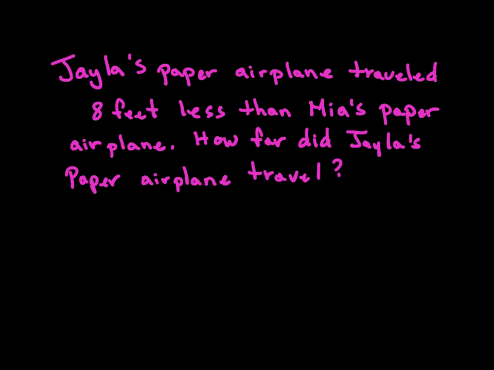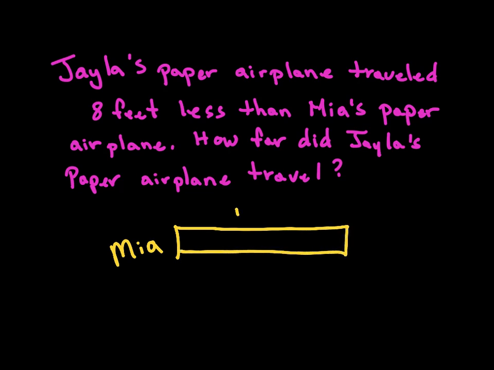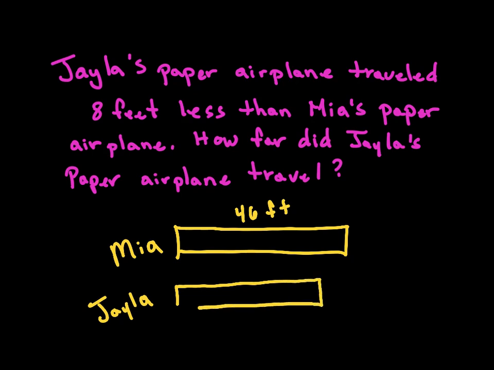Jayla's paper airplane traveled 8 feet less than Mia's paper airplane. How far did Jayla's paper airplane travel? So you remember, Mia's paper airplane went 46 feet. That's what we had calculated before. Now we got Jayla coming in, and hers is going to be less because it says 8 feet less. So we're going to make it a little bit right there, and this right here is going to show 8 feet.